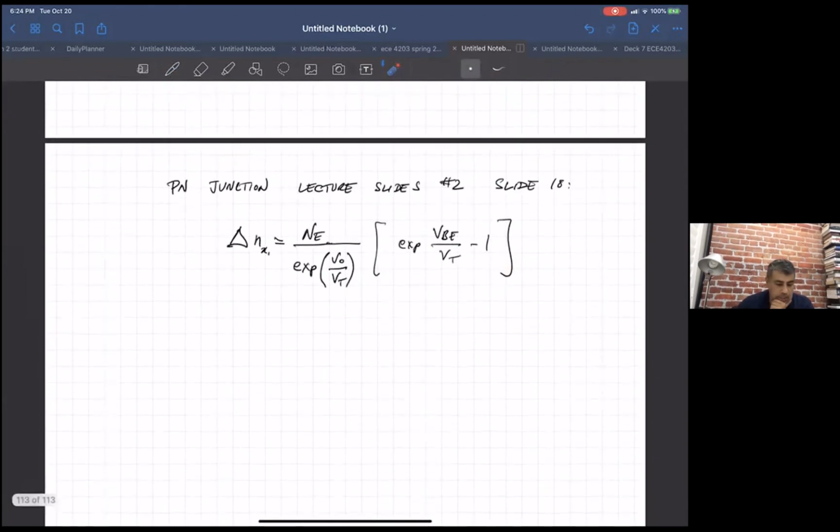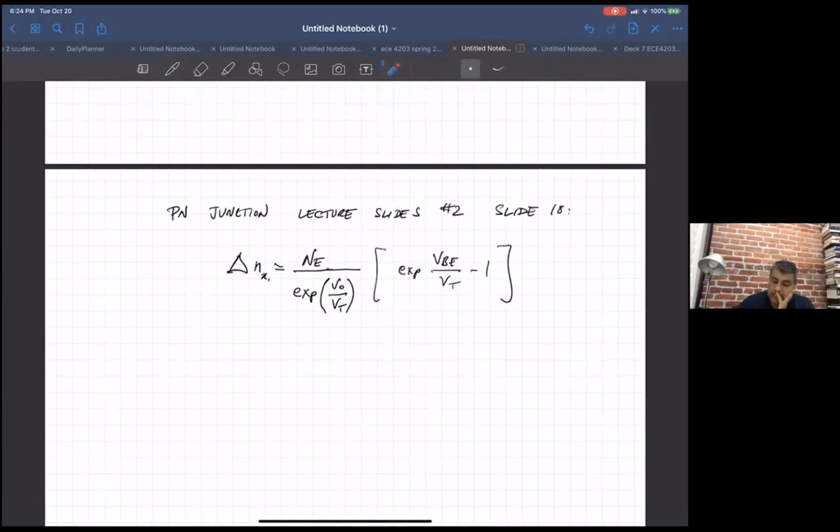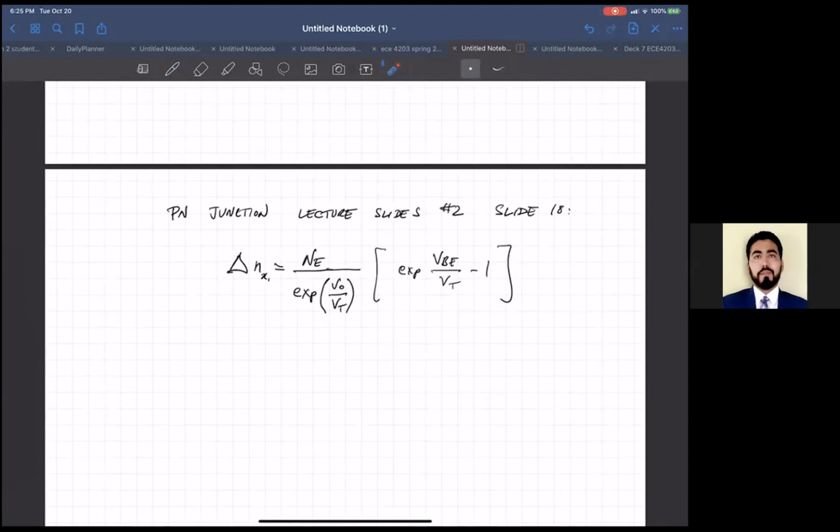Professor, can I ask you a question? Sure. The lowercase n is holes, and then the uppercase Ne is the concentration of the emitter, is that right? No, actually the n is the number of electrons. It's a change in number. Oh, okay. Thank you.